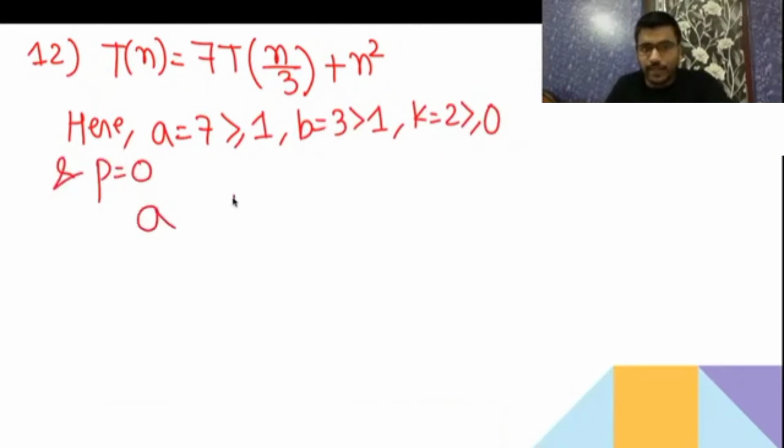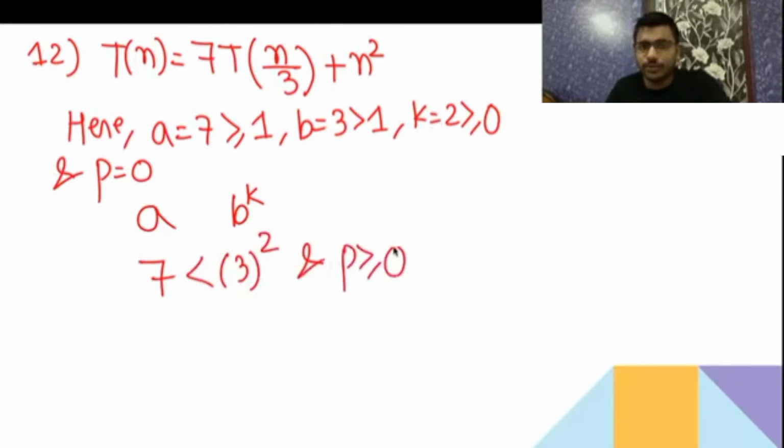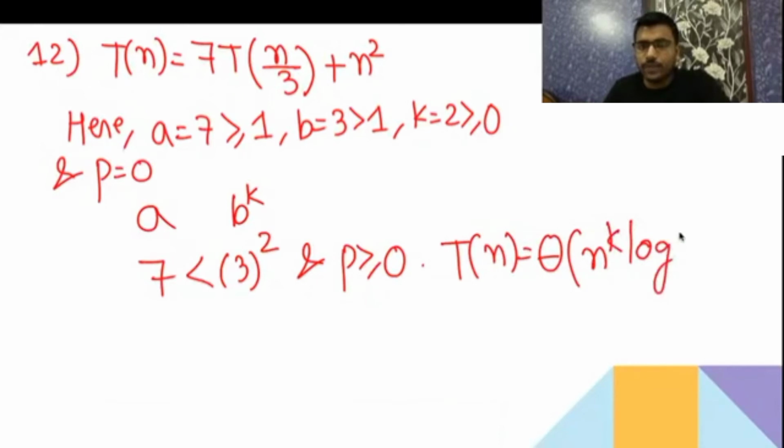So we are going to compare a and b to the power k. a is 7, b is 3, and k is 2, so b^k is 9, and a is smaller, and p is greater than or equal to 0, same as 3a. Then T(n) is going to be Theta(n^k log^p n), so it is going to be n² only, because p here is 0.